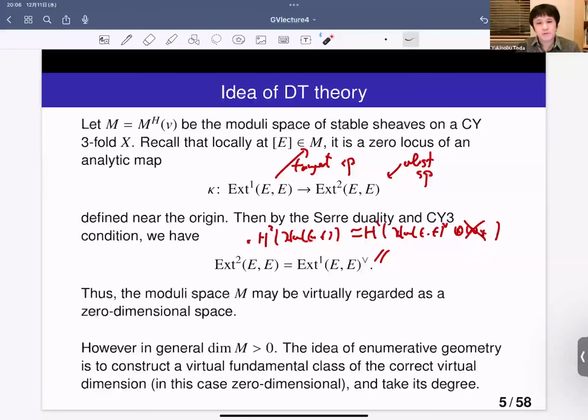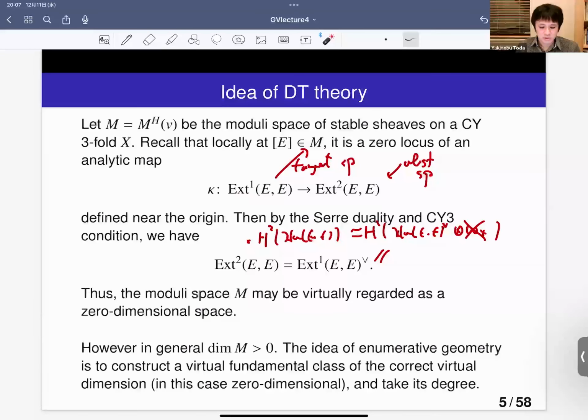Virtual means that the tangent space is Ext^1, but we have some obstruction space. For example, if this Kuranishi map kappa is a generic section, so that the zero locus has the correct codimension, then it must be zero-dimensional, because this is the difference of the dimensions of the tangent and obstruction spaces.